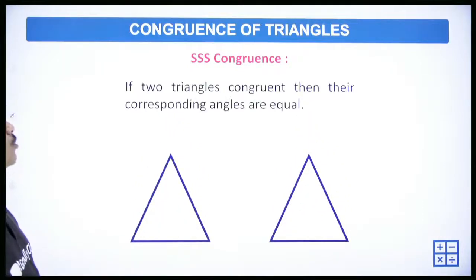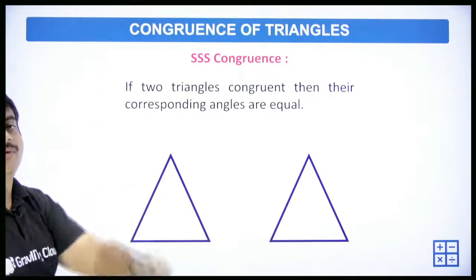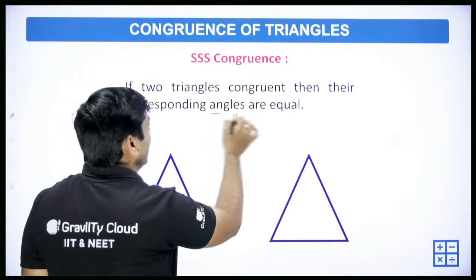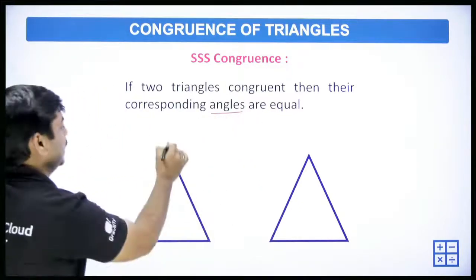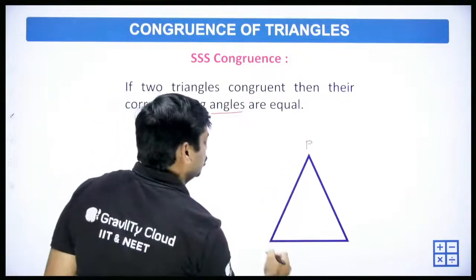If two triangles are congruent, then their corresponding angles are equal. This is the point I mentioned before. For example, I say triangle ABC and triangle PQR are congruent.